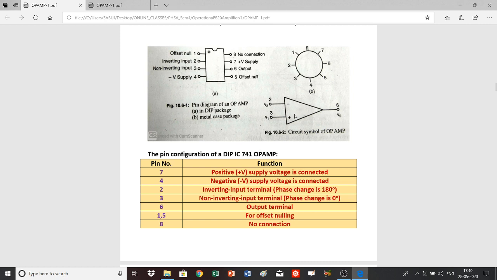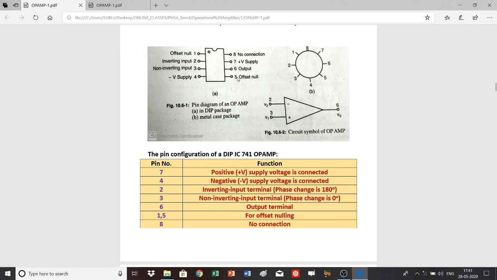But in case of a practical op-amp, it cannot happen. If you apply the same voltage to these 2 terminals or ground these 2 terminals, there will be some definite output, which will cause error in the next operations. This should be made 0, and that can be done by using pins number 1 and 5.